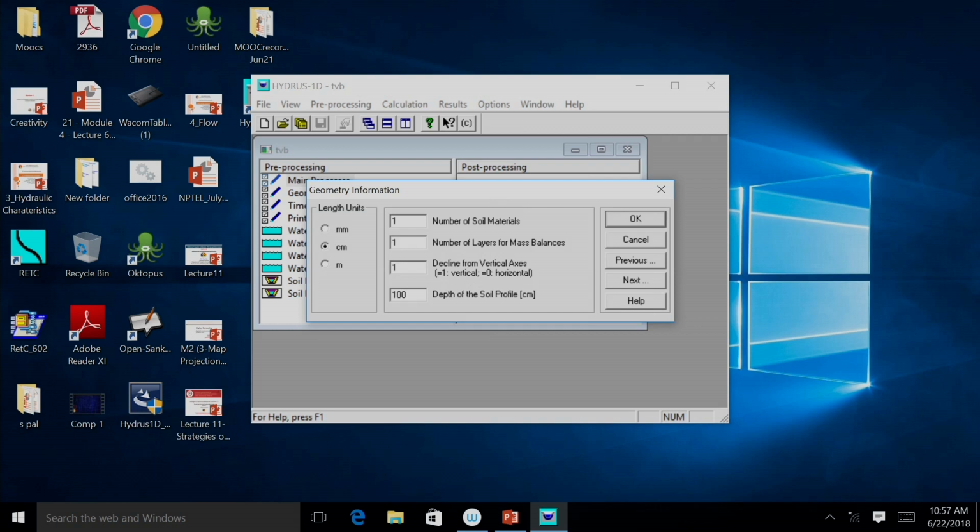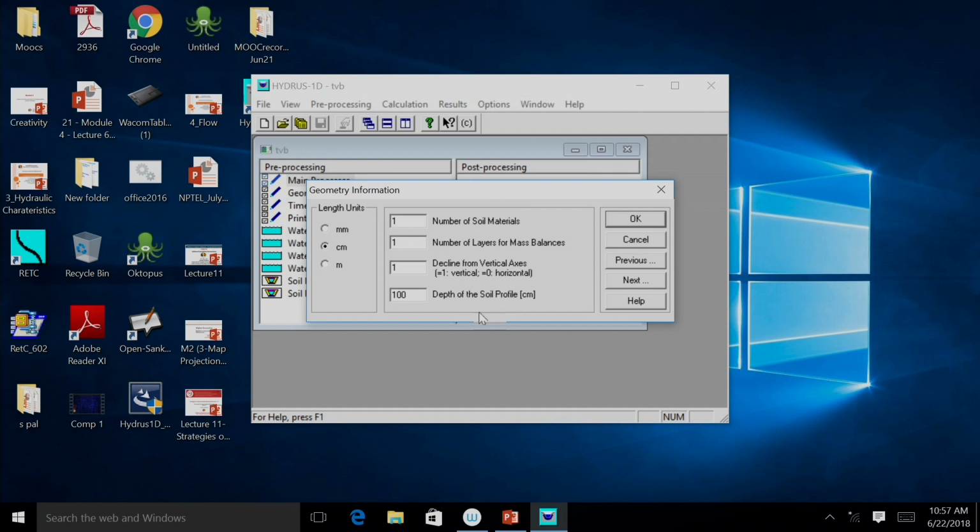Whether the flow is taking place vertically or horizontally can be understood here: it mentions the decline from the vertical axis, so if you put 1, it takes vertical flow, and if it is 0, it simulates a horizontal condition.